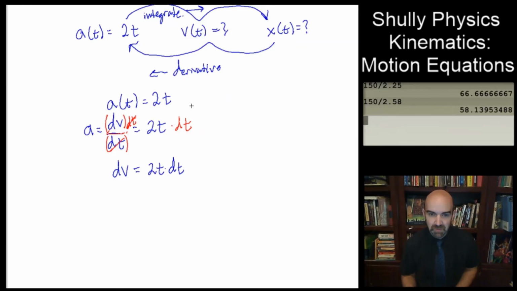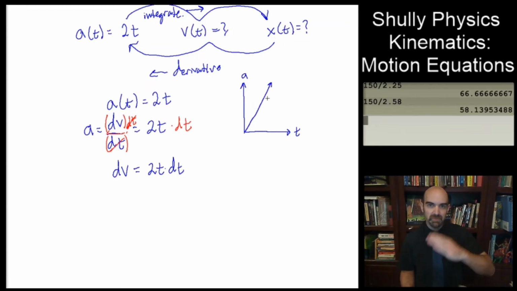Okay, if we plotted something like this on an acceleration-time graph, this would be a linear function. It would look something like this. 2t is a little bit steeper than a straight diagonal. So this is a of t equals 2t.